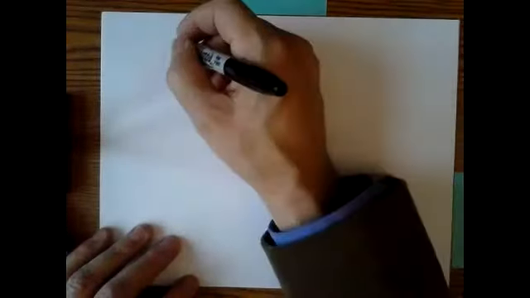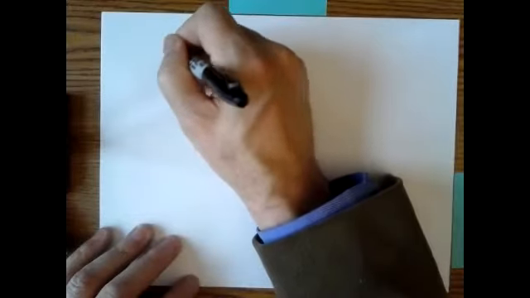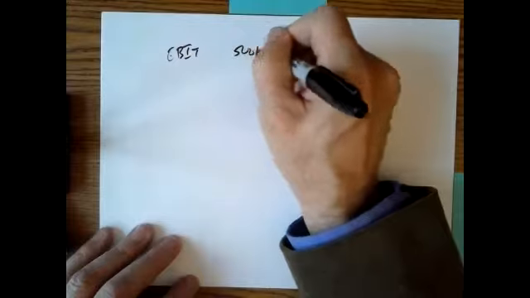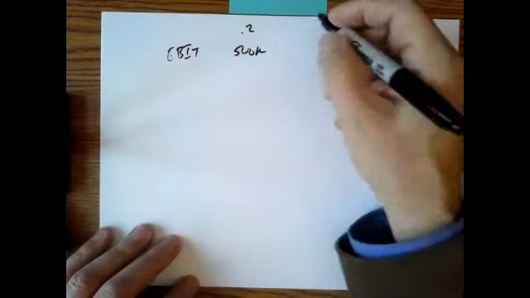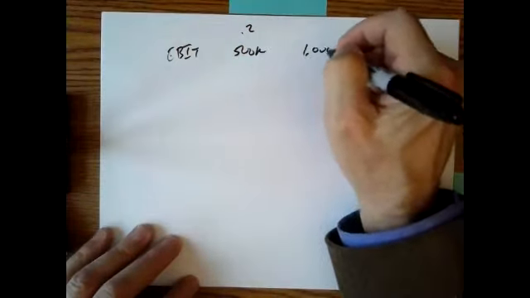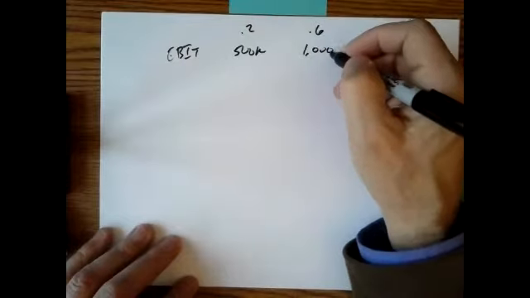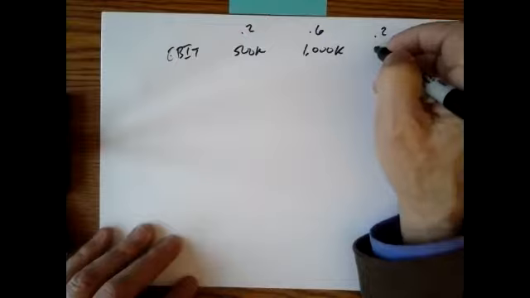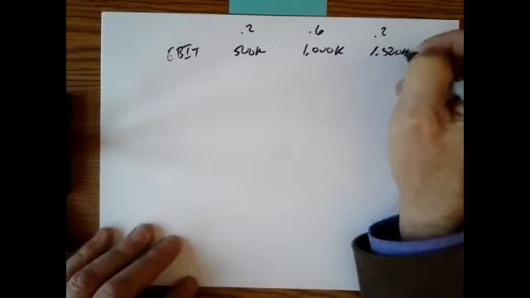So let's do one at a time. So if we have EBIT of 500,000, that's going to be 20%, we have a 60% chance of a million and a 20% chance of 1.5 million.